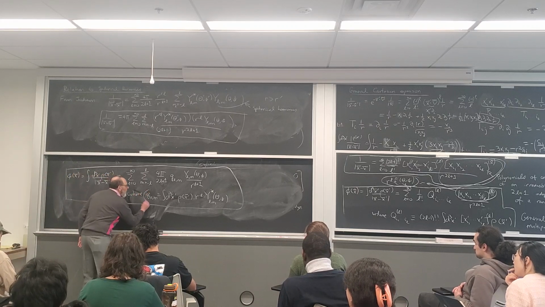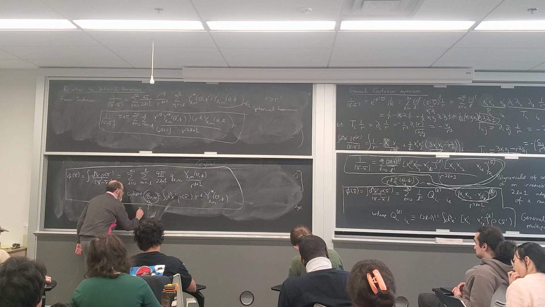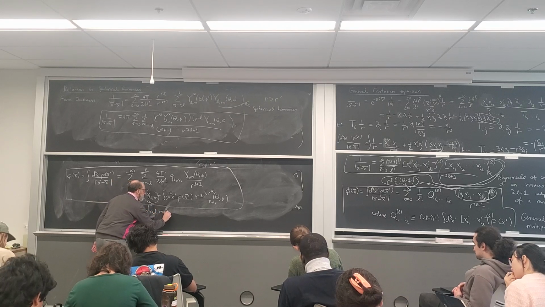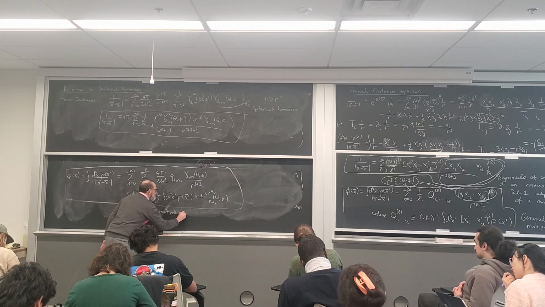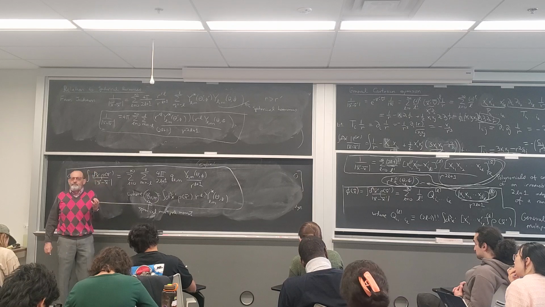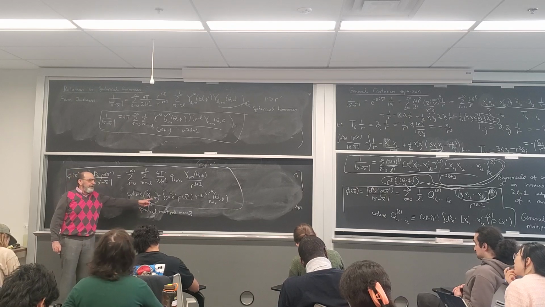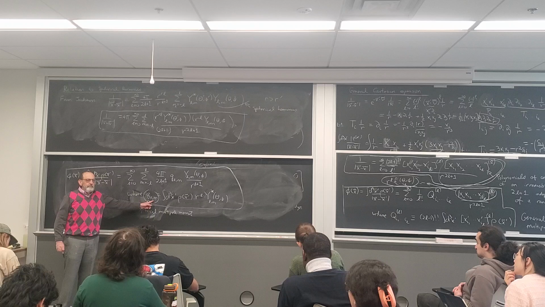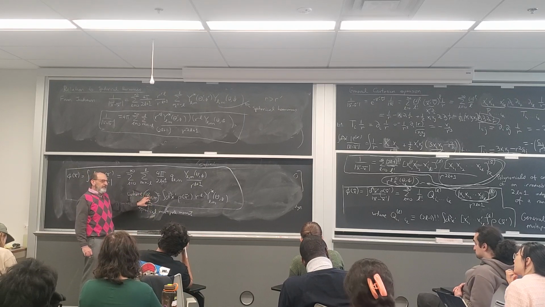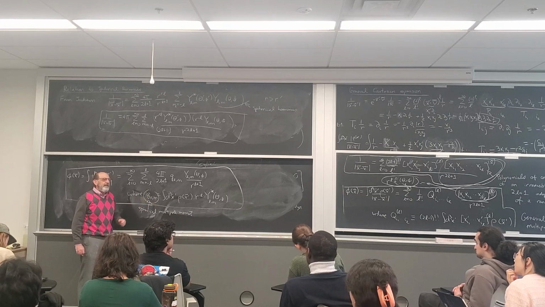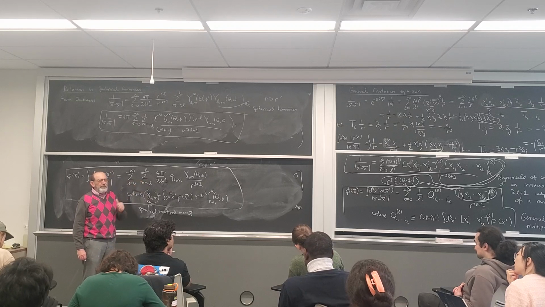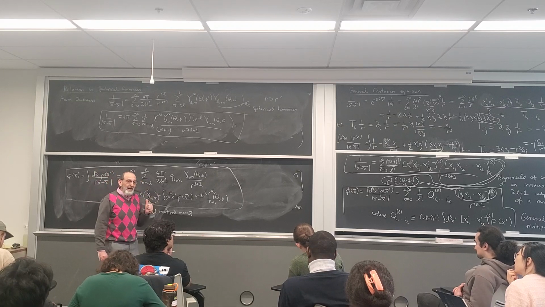These guys are known as the spherical multipole modes. For a given L, how many different M's are there? 2L plus 1. So there are 2L plus 1 components for a given L. L equals 0 is the monopole.